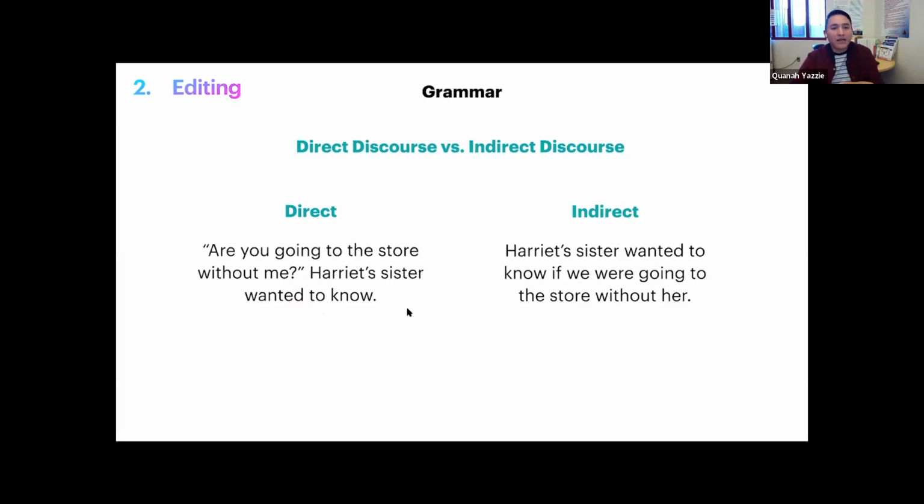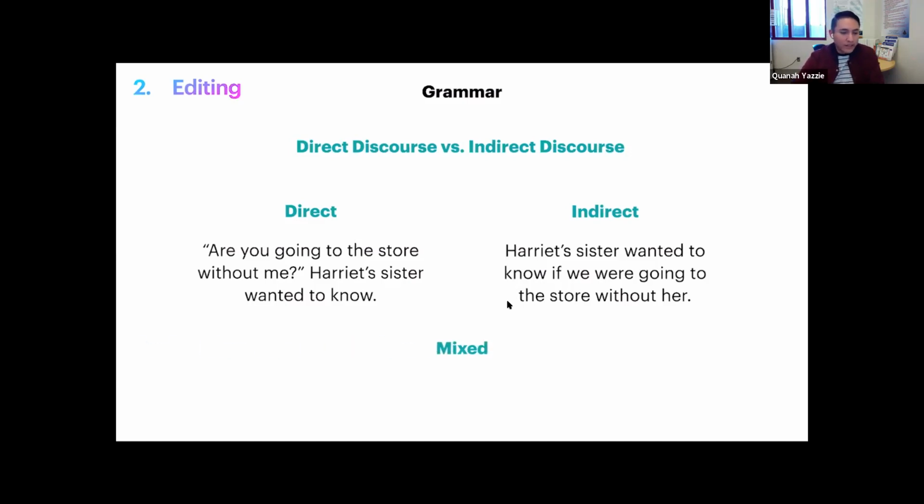We're talking about the actual voice of how to introduce quotes within a story. The direct side is sort of like active voice, we're actually talking, and on this side we're being more passive. We'll go into the difference between active and passive voice.